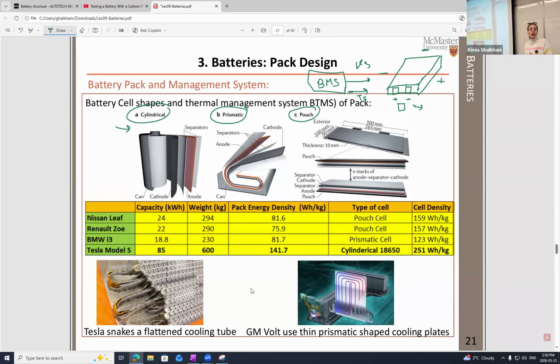So usually they study the impact of the location of the tab on the performance of the battery in terms of having a uniform temperature across different spots in the battery.